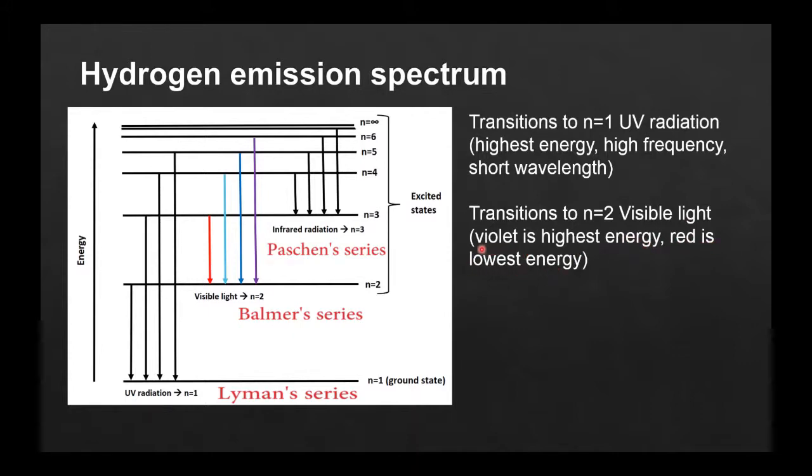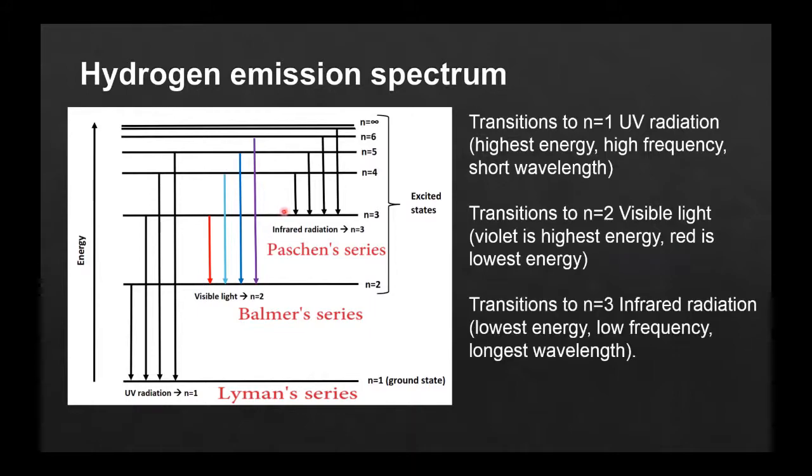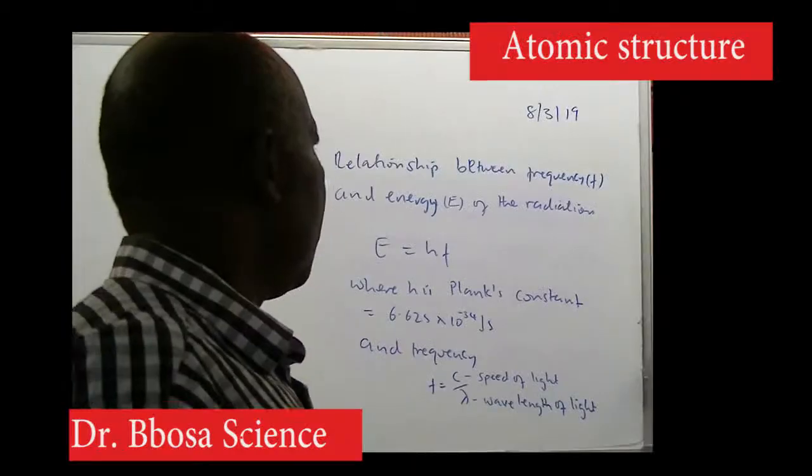In addition, violet light has the highest frequency and the shortest wavelength, red light has the lowest frequency and the longest wavelength. And finally, we have electron transitions to n equals 3, and that corresponds to infrared radiation. So infrared radiation is the lowest energy of all three emissions, it's the lowest frequency, and has the longest wavelength.